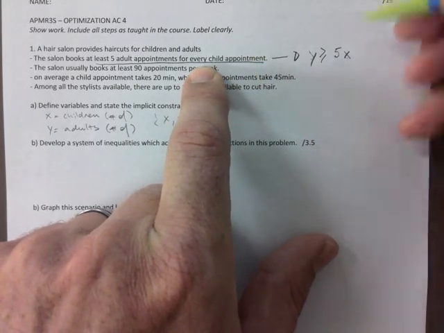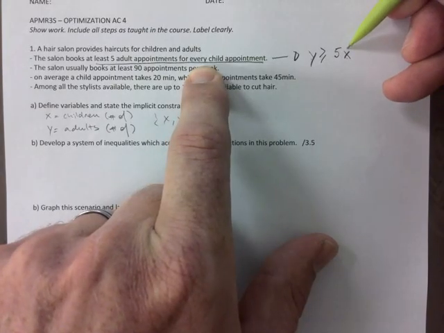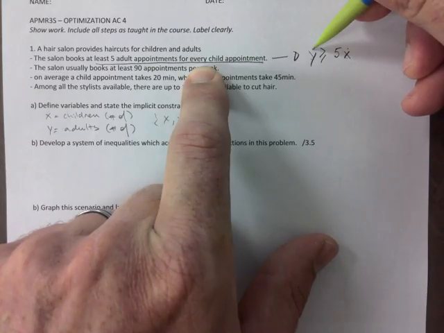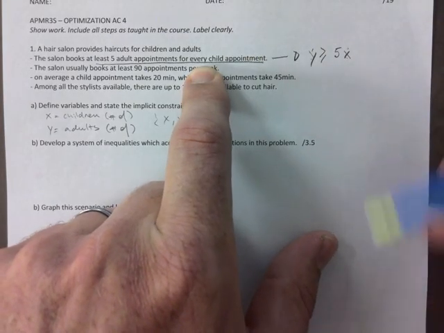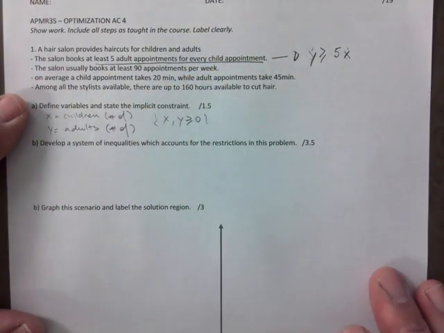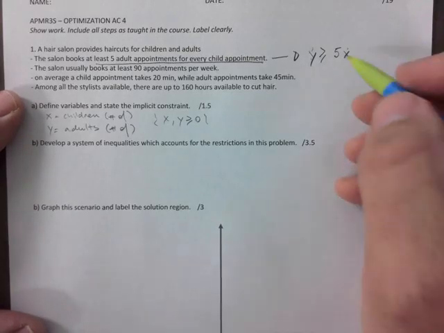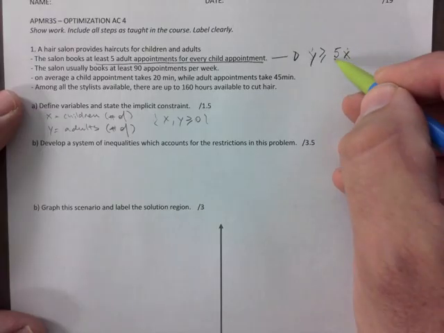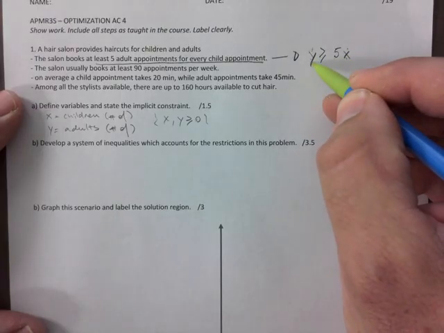So for every child haircut, you want 5 times of that for Y. Okay, so that's the wording there. On the test, I'm not going to ask you to graph one like this, but I will ask you to write it. Okay, so you got to kind of be careful there. So for every child, you want 5 times that for the other one.